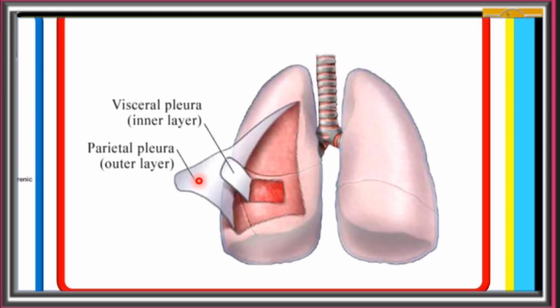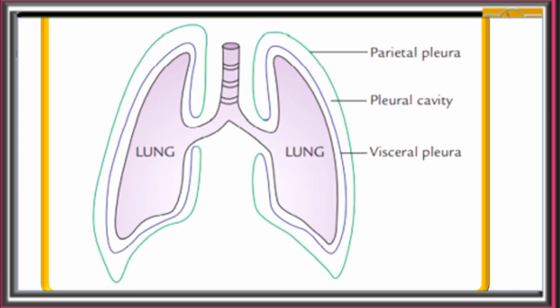So the parietal and visceral layers are separated from each other by a very slim potential space, and the name of that space is called the pleural cavity. Here is the pleural cavity where I'm running my light, and here the green line is the parietal pleura, and the blue line here is the visceral pleura, and then the space is the pleural cavity, and the fluid within it is called the pleural fluid.